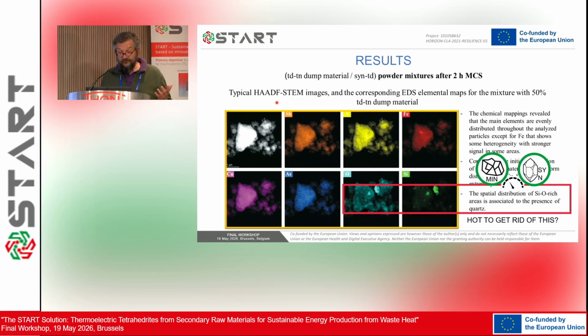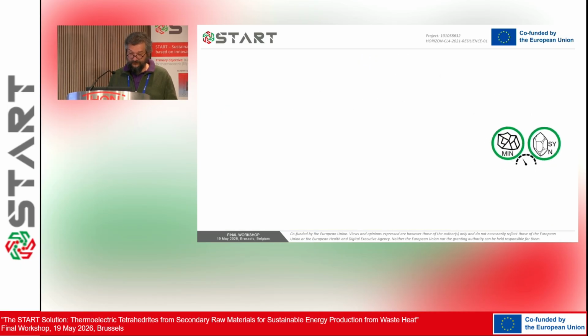We tried to identify a way to get rid of these oxides, but eventually we realized that we have to live with it and try to adjust the mineral to synthetic ratio in order to minimize the potential negative effects of those phases.